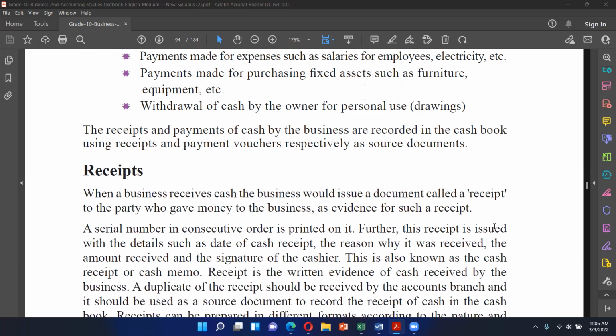Now we come to the supporting document for each transaction. With regard to the cash you received, the source document is called a receipt. So all cash you receive, you record with a receipt.